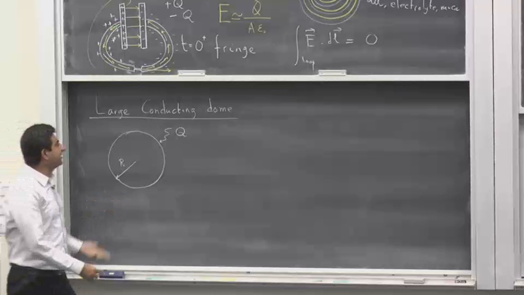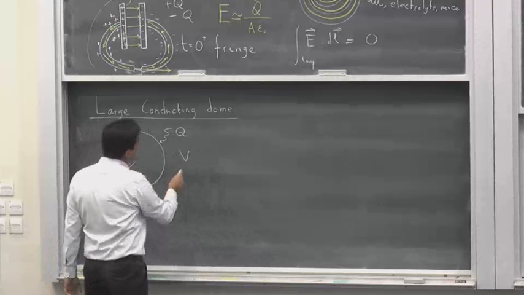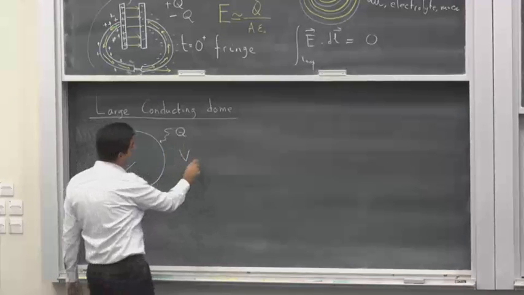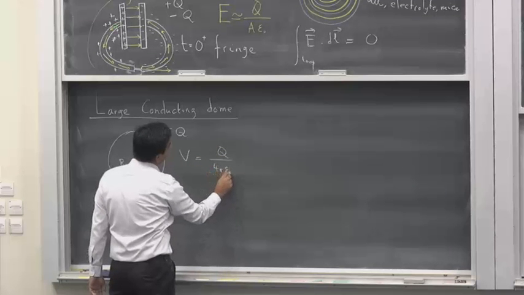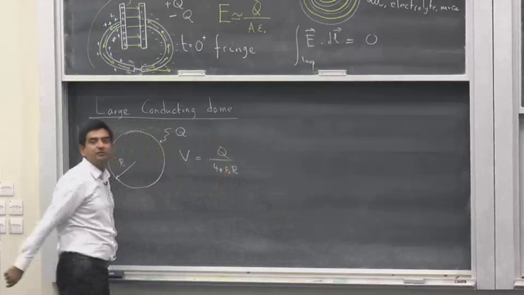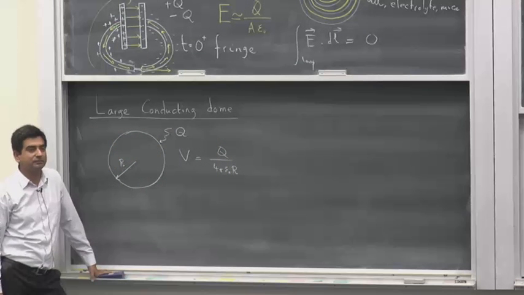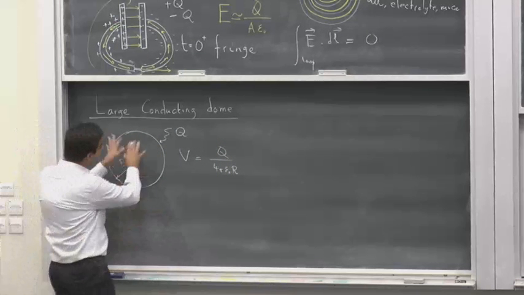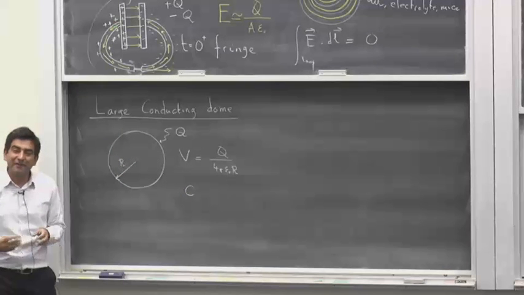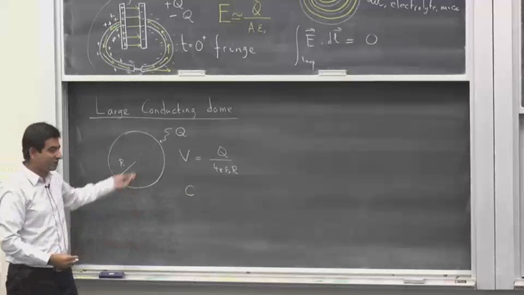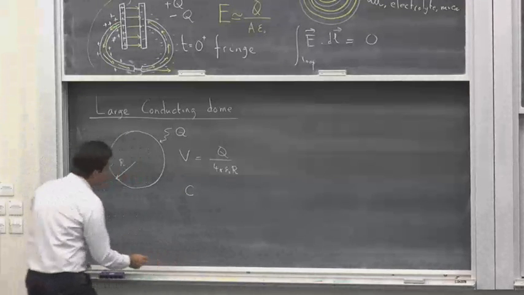One can easily find the potential of this object. The potential of this object with respect to infinity, if you remember, is given by Q over 4 pi epsilon naught R. So the capacitance of this dome is the amount of charge that it can store when it has been charged to a certain potential. And how is it being charged in a Van de Graaff generator?